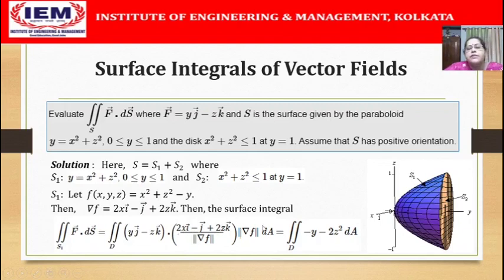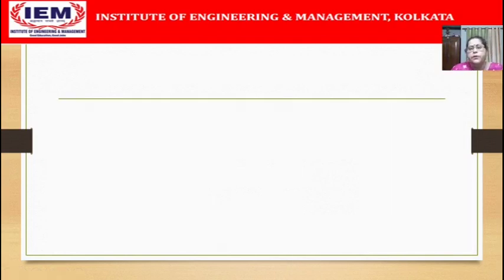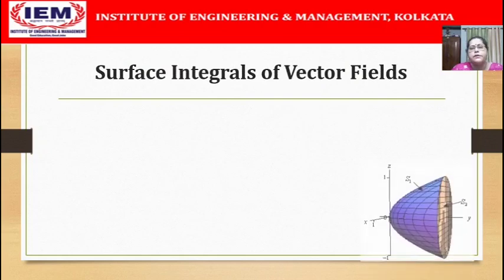And the surface element dS will be given as mod grad f dA, where dA is a surface element on the projection region which lies on the xz plane, and we denote that with D. If we calculate this, it will give us the double integral of minus y minus 2z square dA over the region D. Let us now proceed to evaluate this double integral.